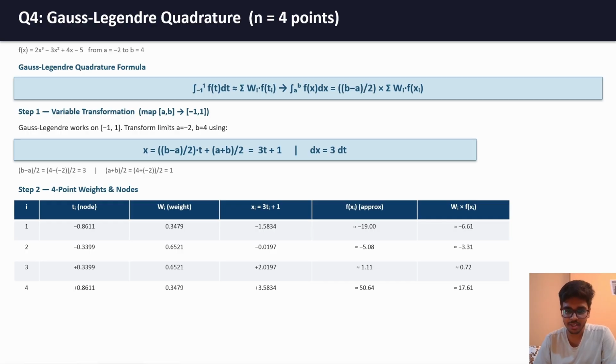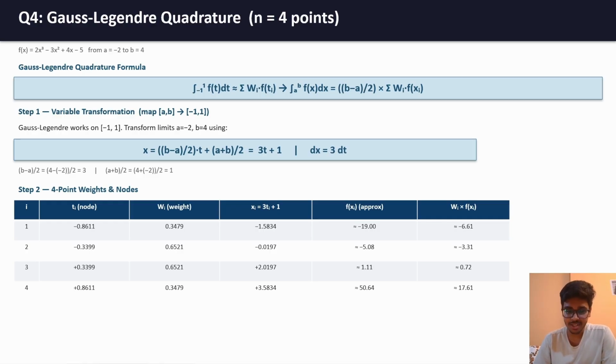The standard form works on the interval from minus 1 to 1 and states the integral of f of t from minus 1 to plus 1 is approximately equal to the sum of wi times f of ti for i equals 1 to n. Here wi are the weights and ti are the nodes, both of which are fixed pre-computed values that depend only on n.